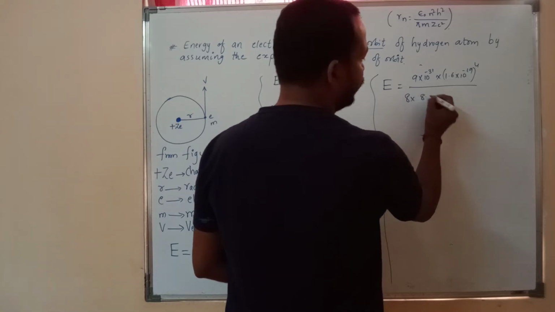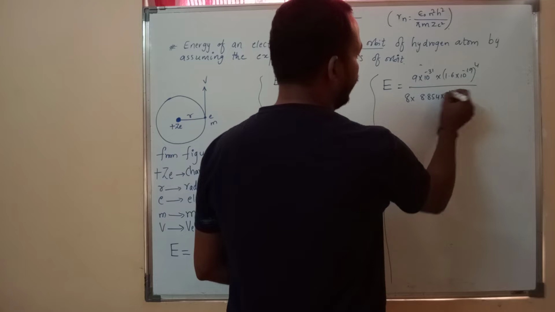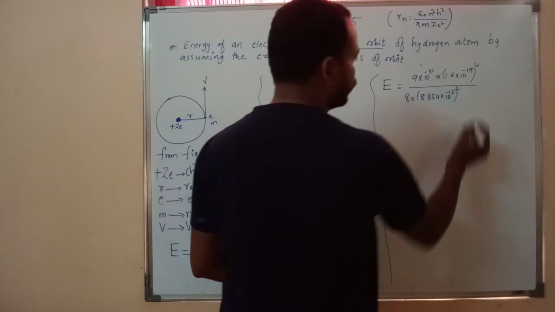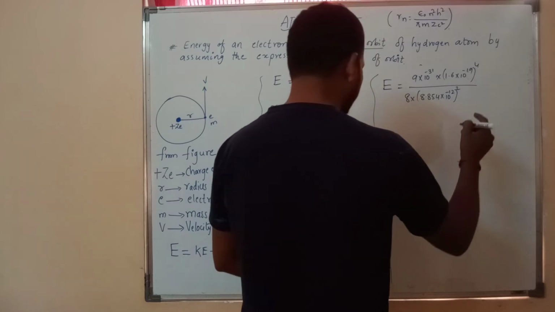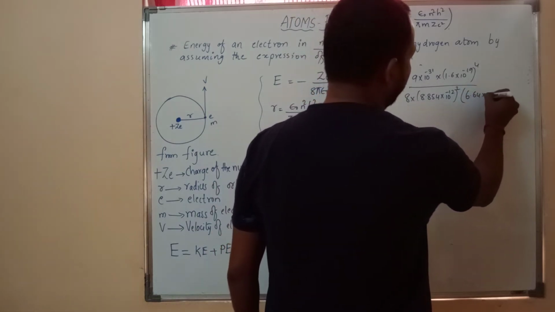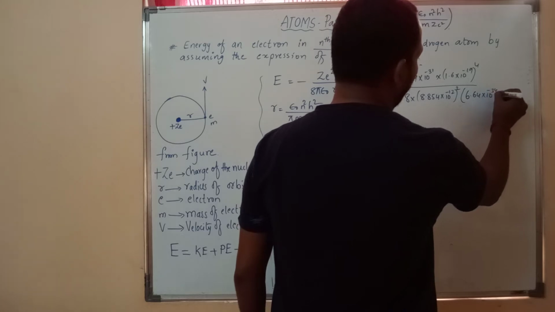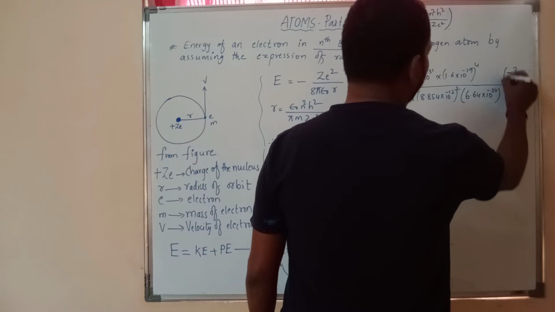Epsilon naught means 8.854 into 10 to the power of minus 12 coulomb square per Newton meter square. n is 1 and here h is Planck's constant 6.64 into 10 to the power of minus 34 joule second. Right? Here, remaining Z square upon n square.